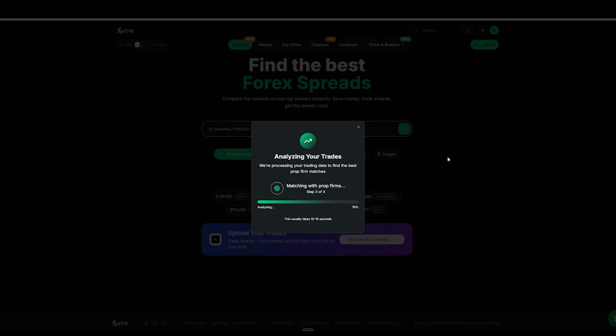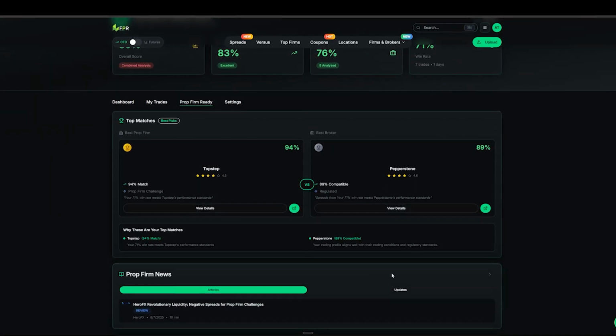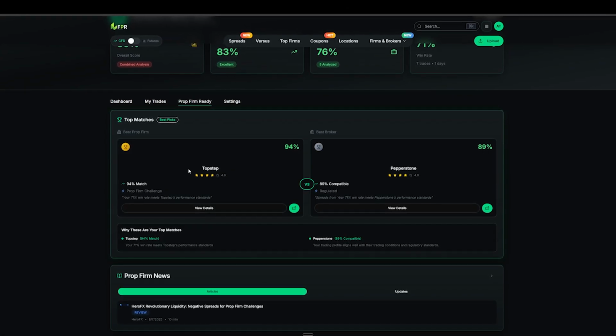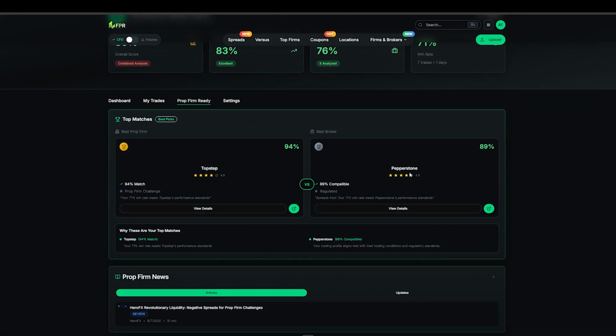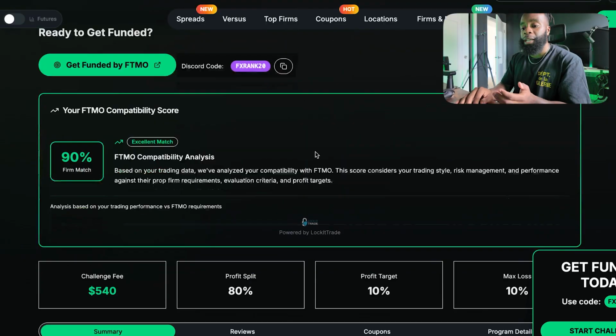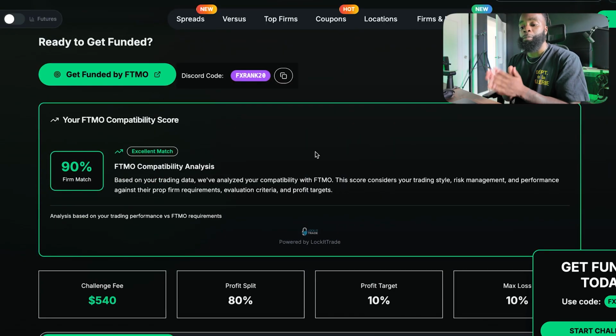Do you trade during the news? What type of assets are you trading, and so forth. It does very deep research where you will be able to know exactly what firm to trade. And as you see, for me, I'm 90% ready for FTMO. That clearly shows that based off of my trading style and my trading conditions, I am able to use this firm to start scaling and growing my account.